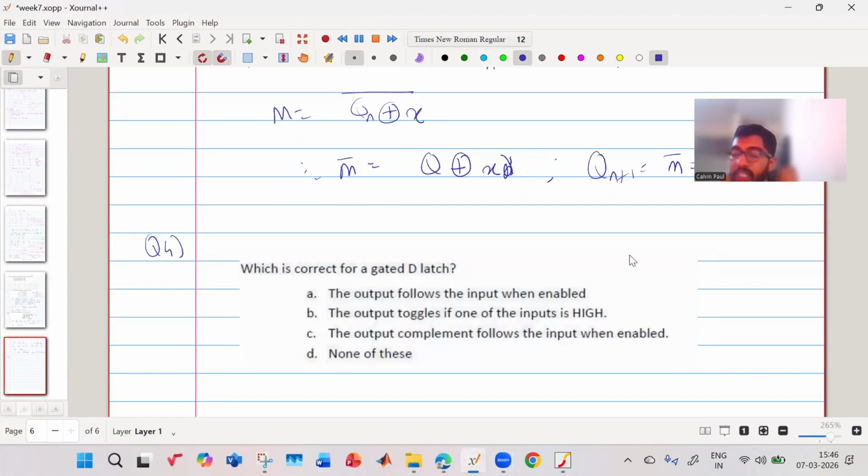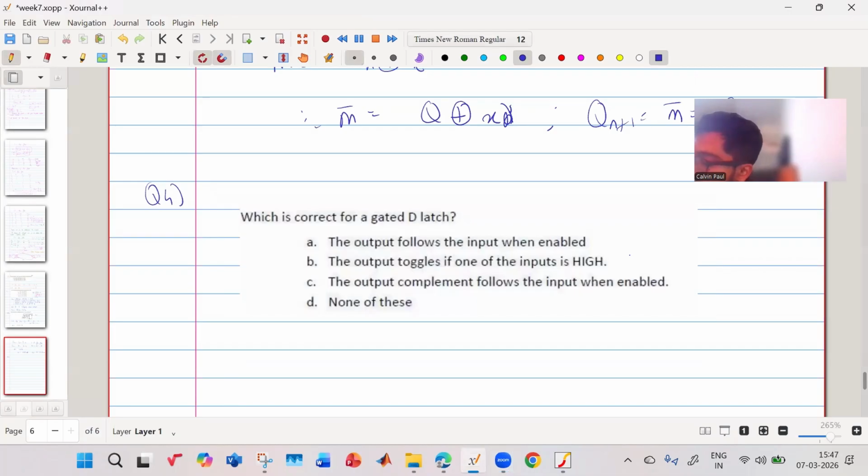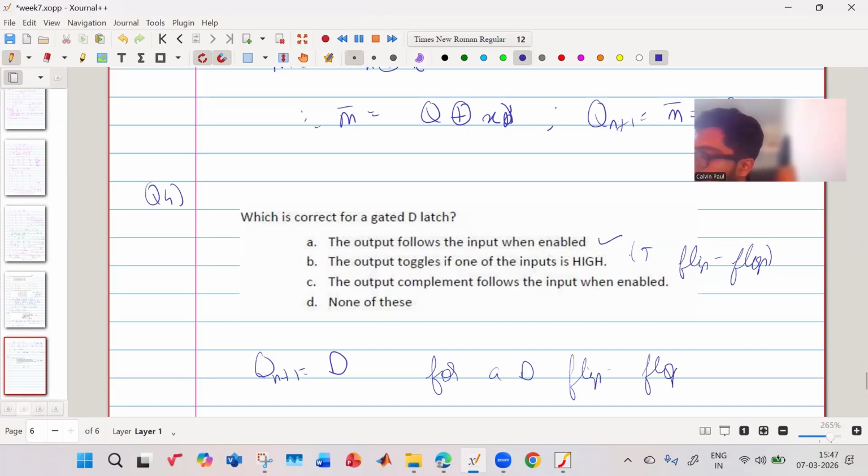One is the output follows the input when enabled. The output toggles if one of the inputs is high. No, this is for a T flip-flop. The output complement follows the input when enabled. No. So this is correct: the output follows the input when enabled, because Qn plus 1 is equal to D for a D flip-flop. If it was a latch, it would also follow the same example. So that's why Q is equal to D for a gated D latch.